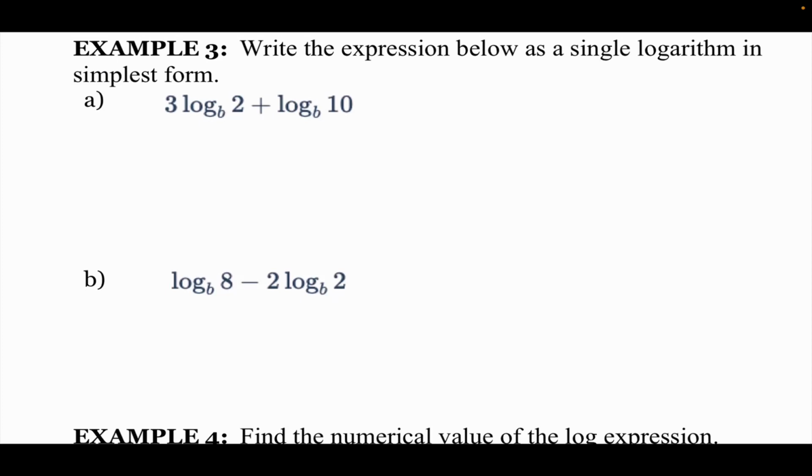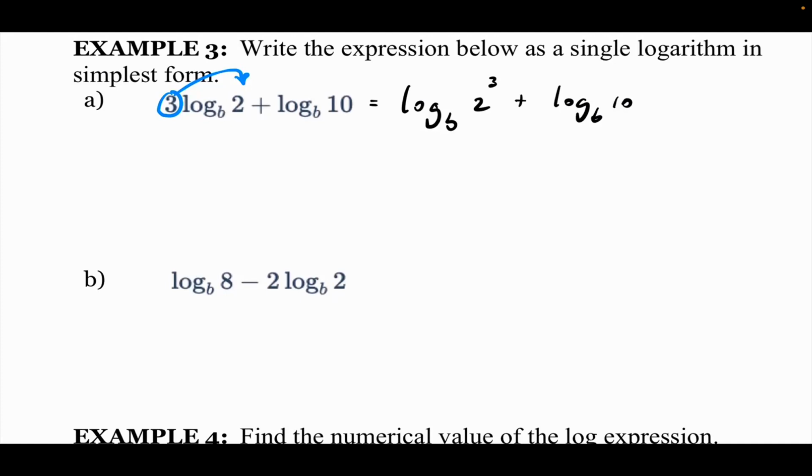Okay, I got powers, or a power, I'm going to put back there. So I have log with a base of b, 2 to the third power, plus means multiplication.